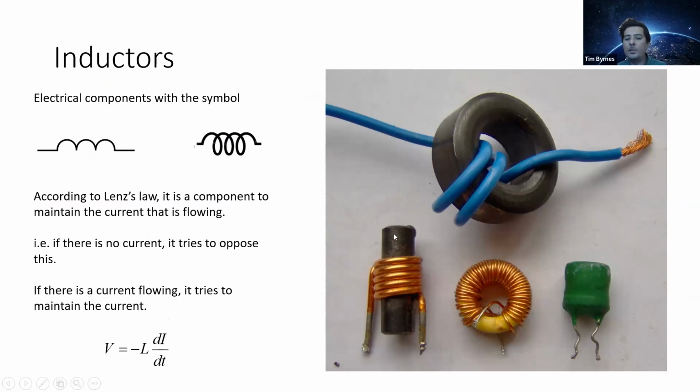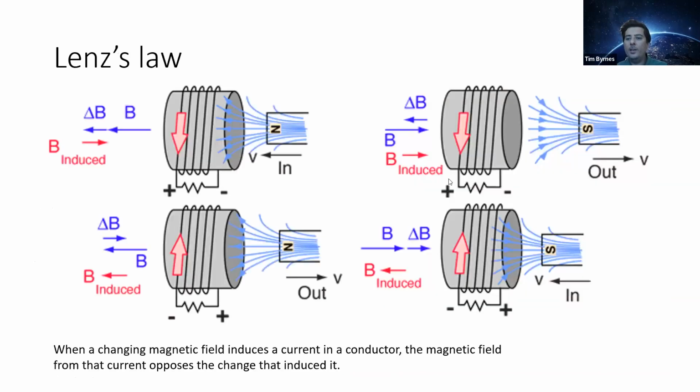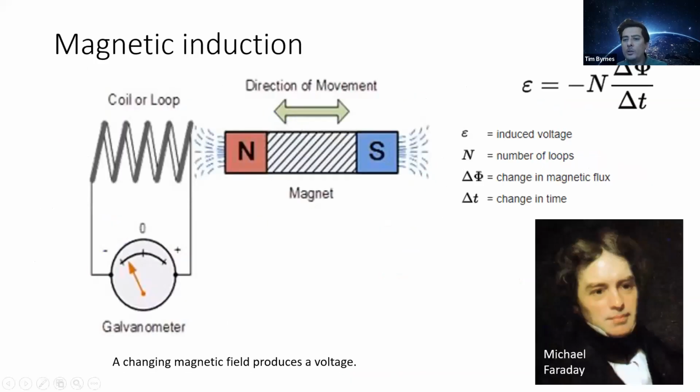So if there's 10 amps flowing inside the inductor, then that would produce some number for the magnetic field. And basically it takes advantage of the effect that a changing magnetic field will produce a voltage such as to try to maintain that magnetic field.